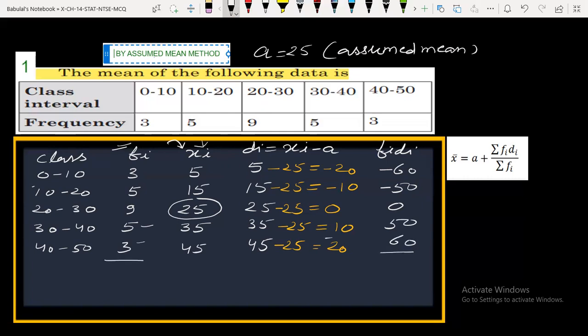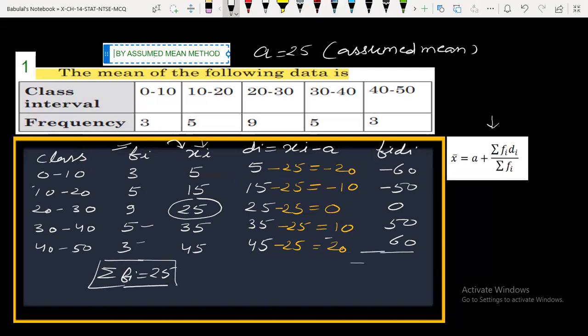As usual, then we get the sum of all frequencies, because this is the formula for the mean in the assumed mean method. Mean is equal to a plus total fi di divided by total fi. So here the sum of all frequencies, 3 plus 5 plus 9 plus 5 plus 3, is 25.